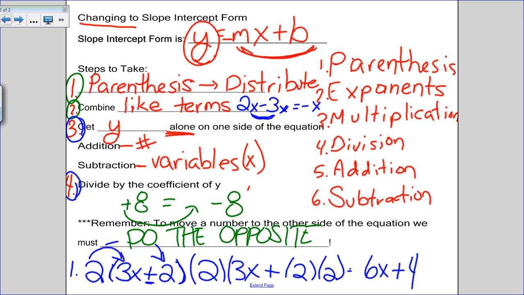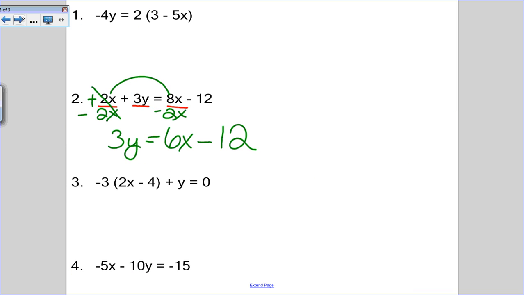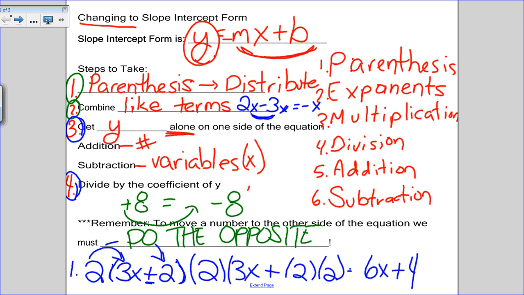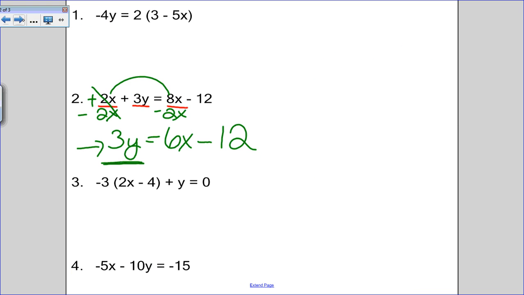Okay, what's looking pretty close? Remember, the next thing says to get y alone on one side of the equation. I think that we have our y's on one side of the equation with nothing else. So let's move to our last step that says divide by the coefficient of y. What is our coefficient of y in this case? Good, it's 3. So we have to divide everything by 3.